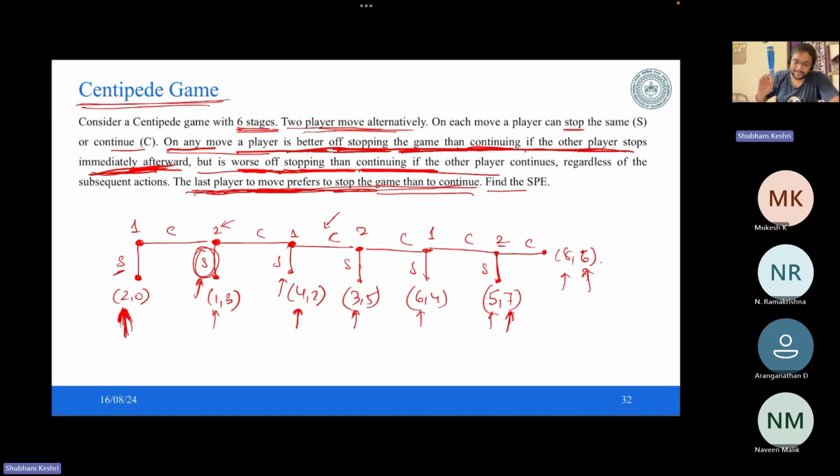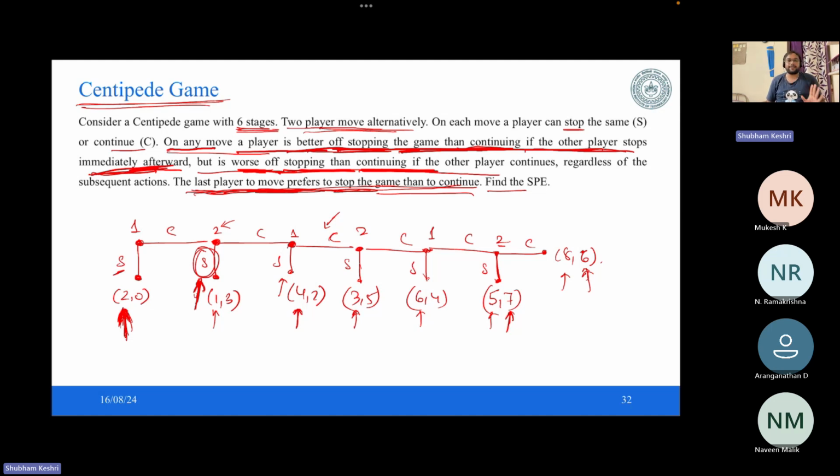If in the second next stage stop doesn't happen, then his stop is worse. If in the next stage stop happens, then he is better off playing stop. This is the game. If in the next stage someone is stopping, then he is better off stopping. If in the next stage the player is continuing, then he is better off continuing.